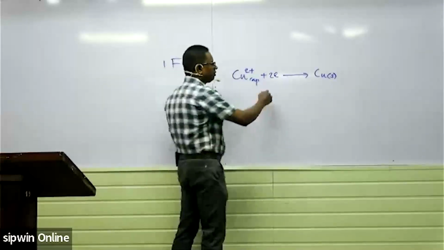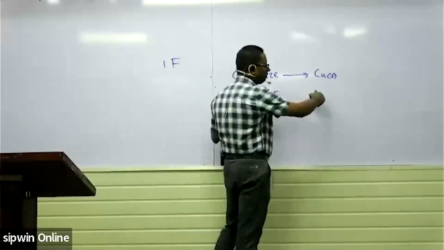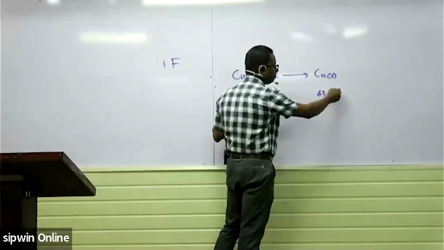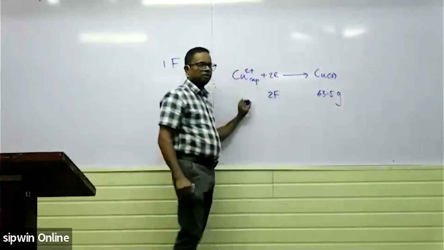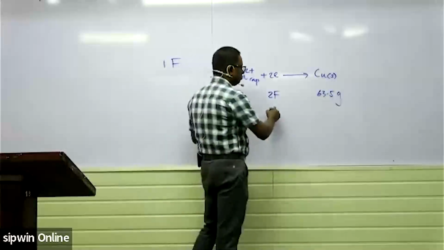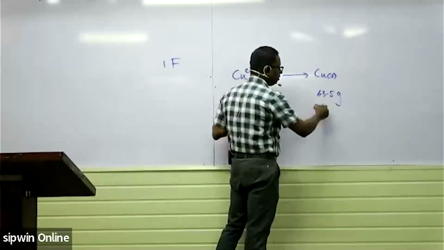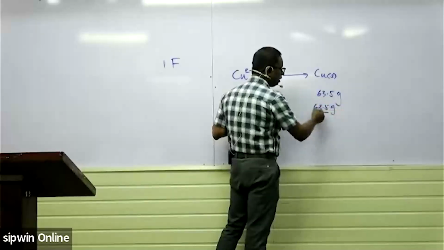That means if I pass 2 Faraday, I get 1 mole of copper, which is 63.5 grams. So if I pass 1 Faraday, that is 63.5 divided by 2.